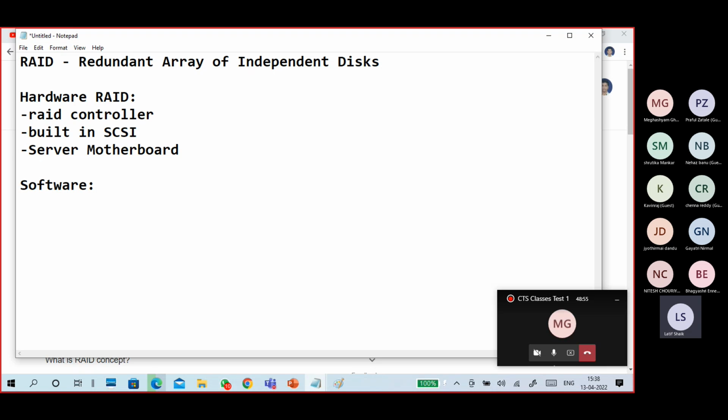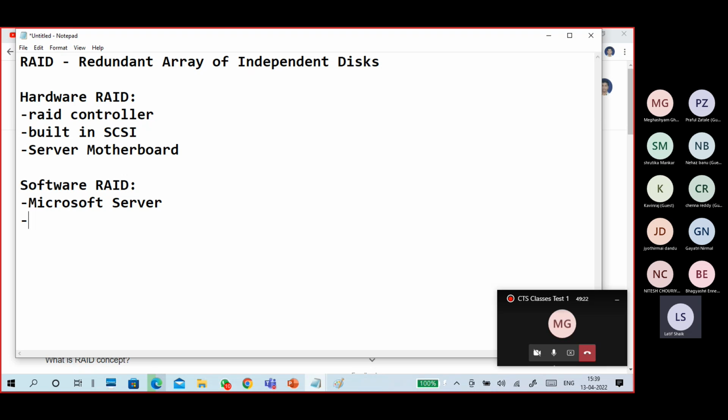Next, what is software RAID? Using some software, for example, we can use Microsoft servers. If you use a Microsoft server, you can configure RAID with software, meaning using an application.